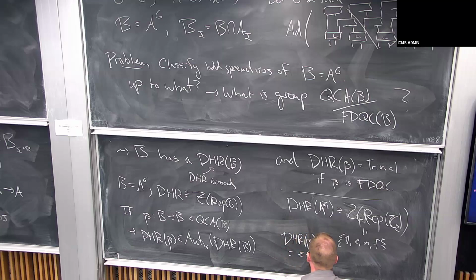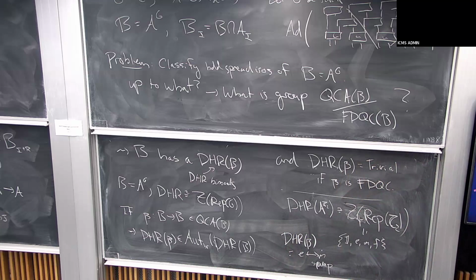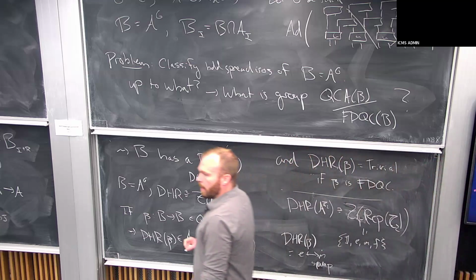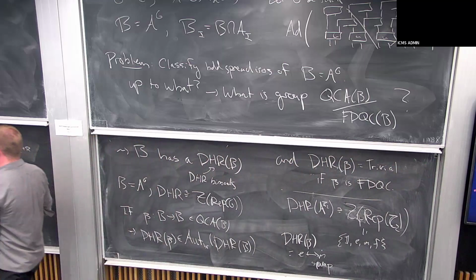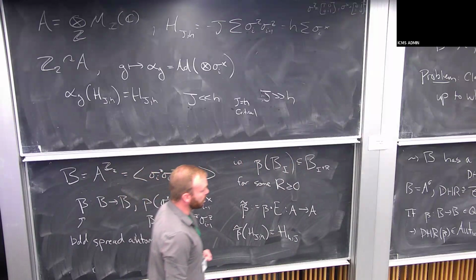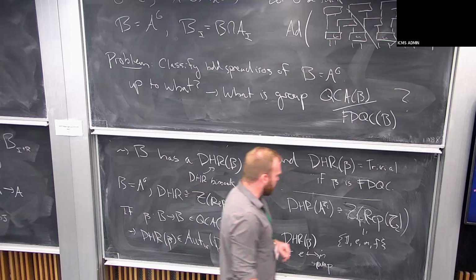There's a standard braided autoequivalence that switches E and M, it leaves 1 and F fixed, and that's the one you get from Kramers-Wannier. So you can understand some categorical pictures about what is going on with this duality channel in this setting.